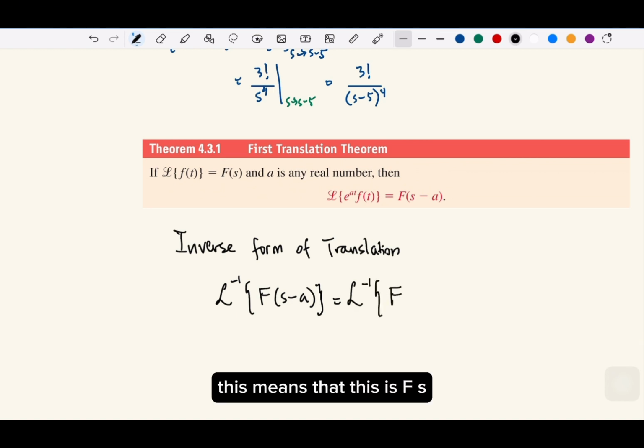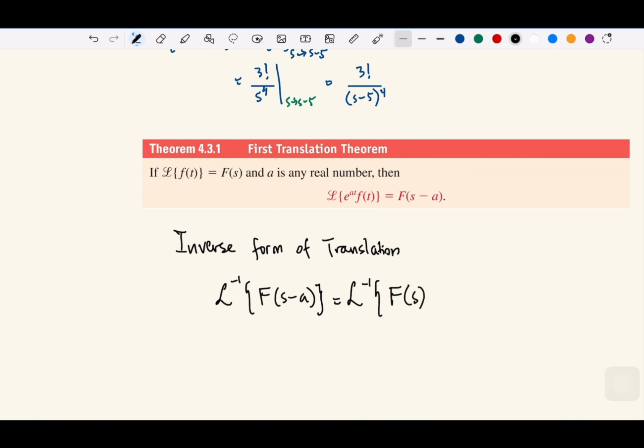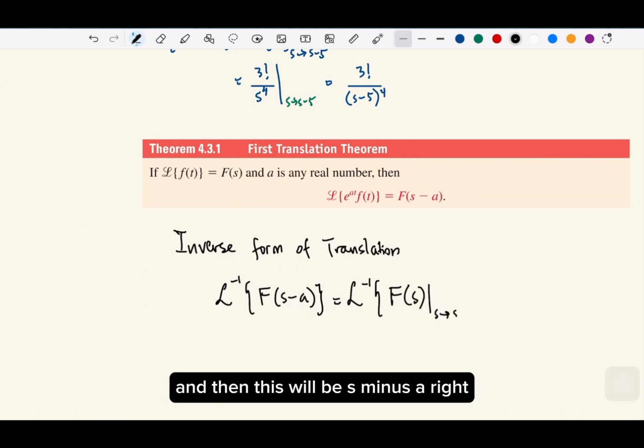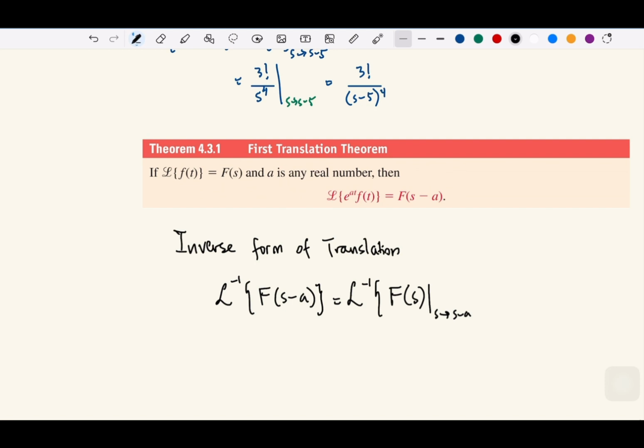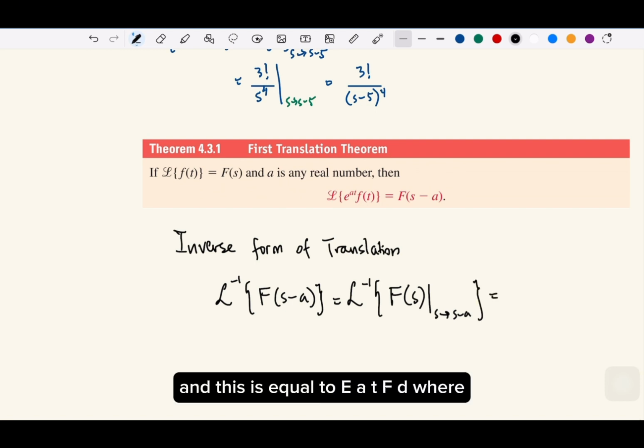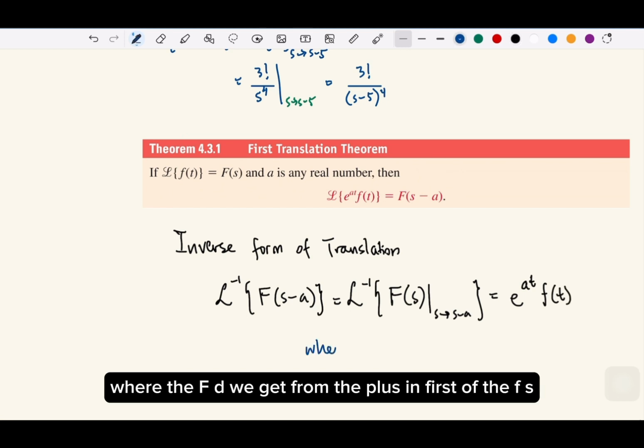This is F(s), and then this will be s minus a, right? And this is equal to e^(at) f(t), where the f(t) we get from the Laplace inverse of the F(s).